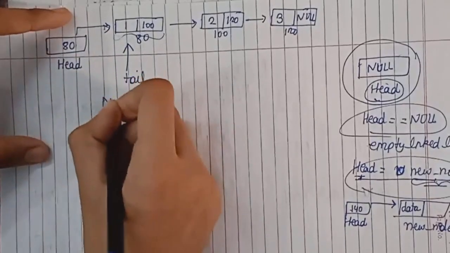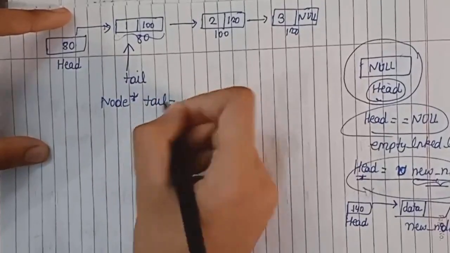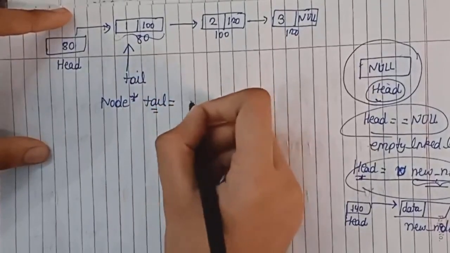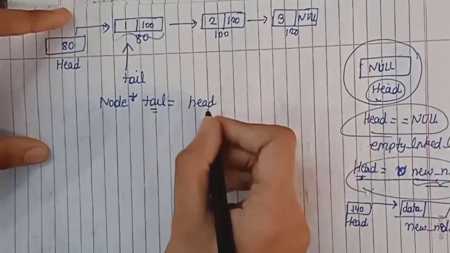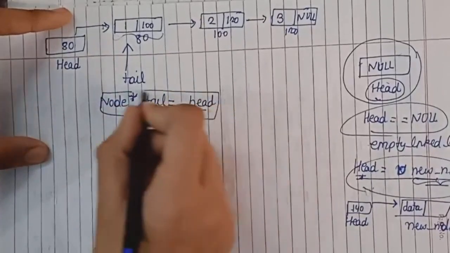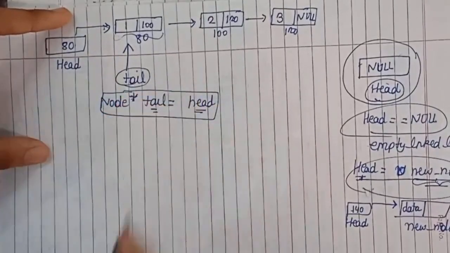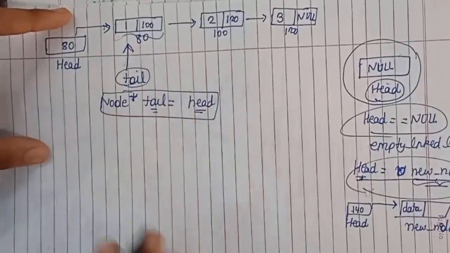So here I am creating a pointer named tail and it is pointing to the same address where this head is pointing. So after this tail pointer is created it will start pointing to this.